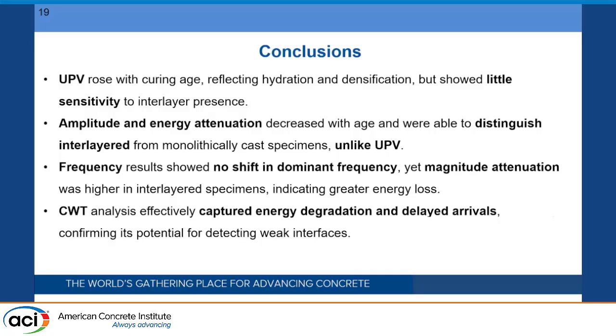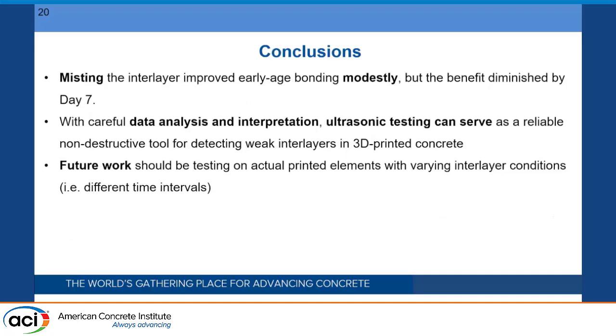Frequency results showed no shift in dominant frequency, yet magnitude attenuation was higher in interlayered specimens, which indicates greater energy loss. CWT analysis could effectively capture energy degradation and delayed arrivals, confirming its potential for detecting weak interfaces.